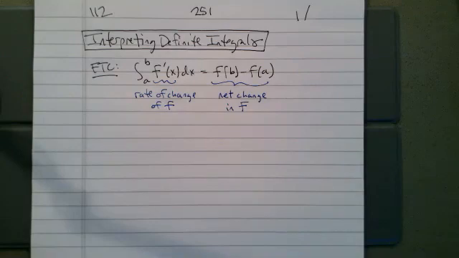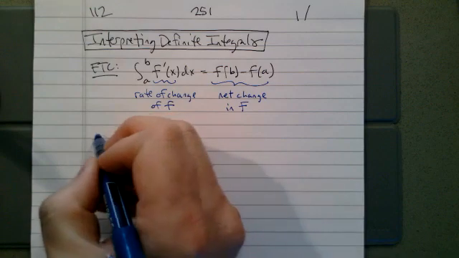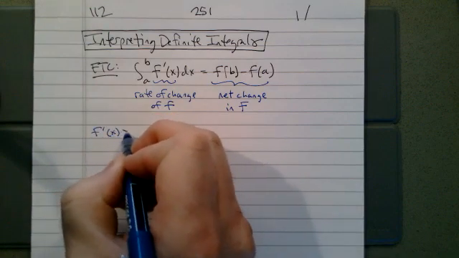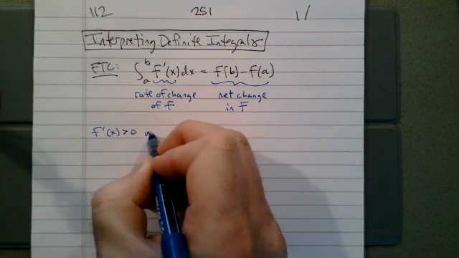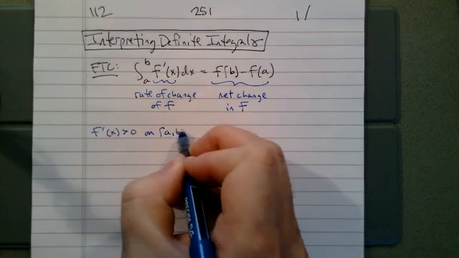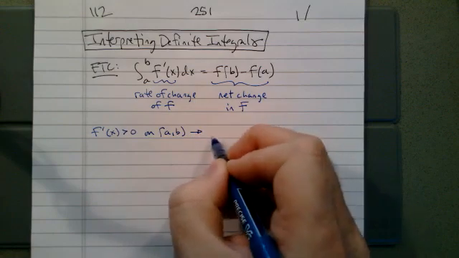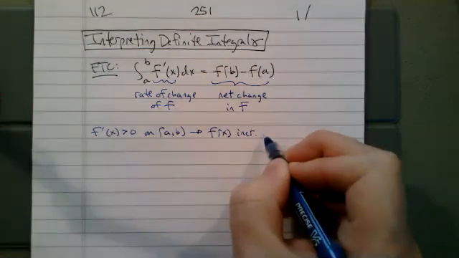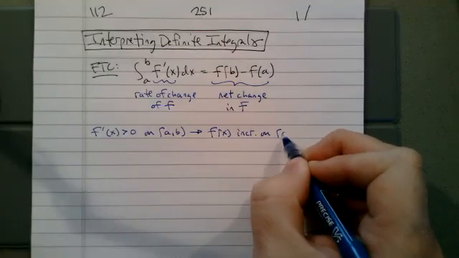This fits with what we know about the sign of the derivative and the direction of the function. So remember, the sign of the derivative tells us about the direction of the function. If f prime of x is positive on the interval from a to b, that tells us that f of x is increasing on the interval from a to b.